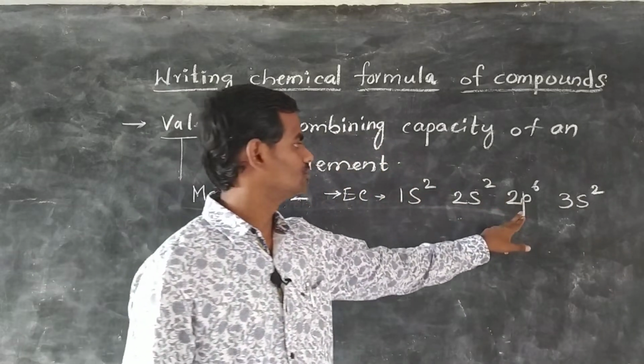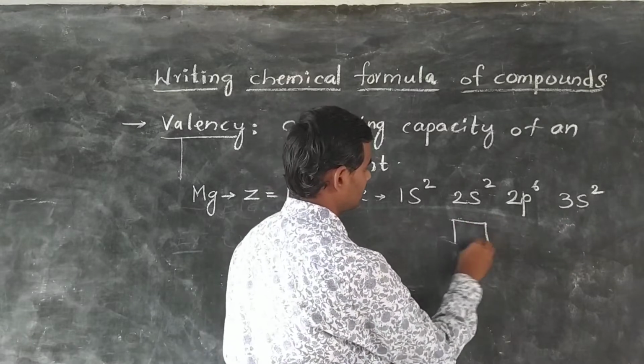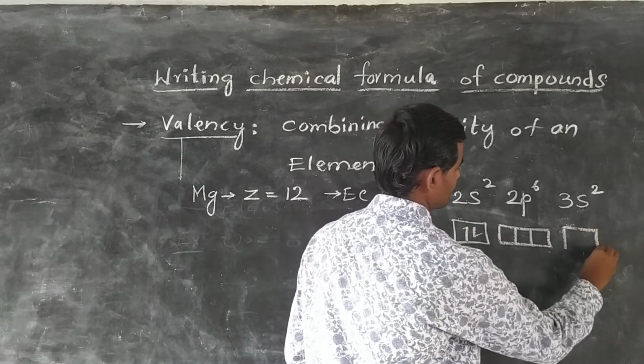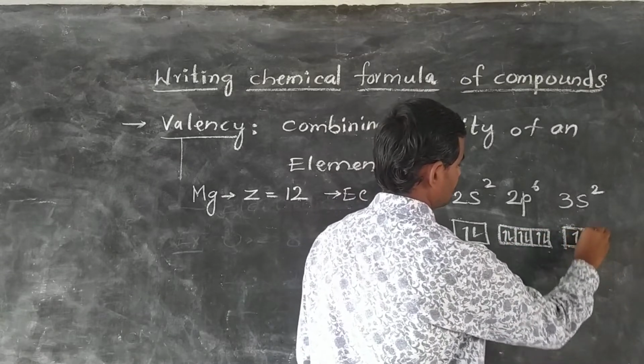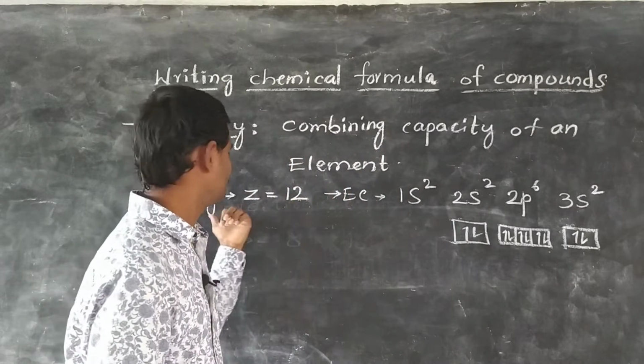The electrons are arranged like this. This is the arrangement of electrons in the orbitals of magnesium.